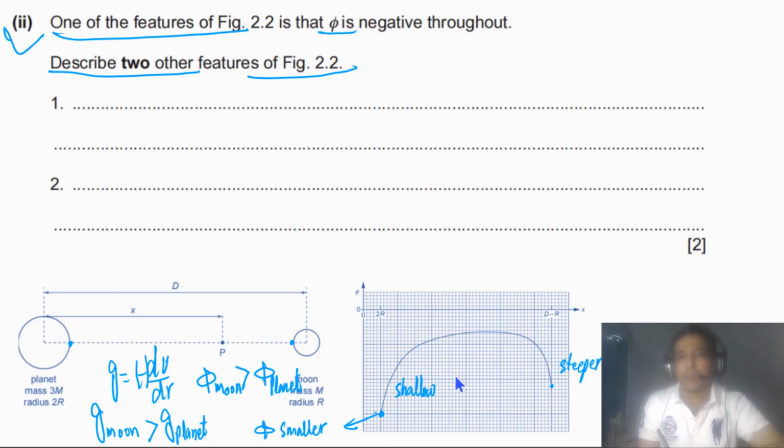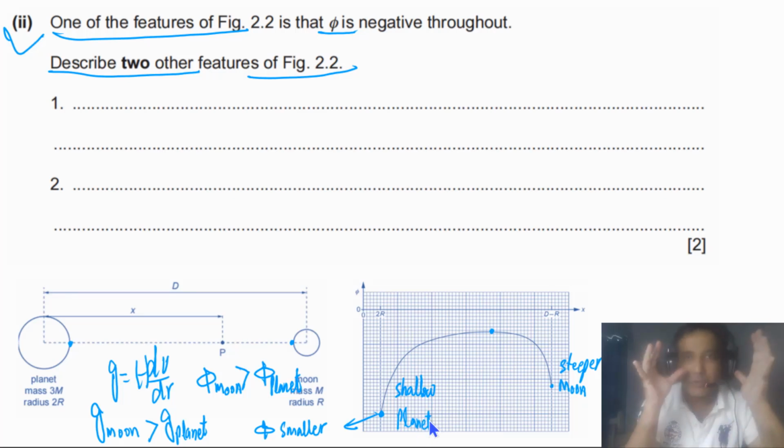And also we can say something about the point of maximum potential. At this point potential is maximum, and this point is closer to the moon because this side is representing moon. On this side we have moon, on this side we have planet.